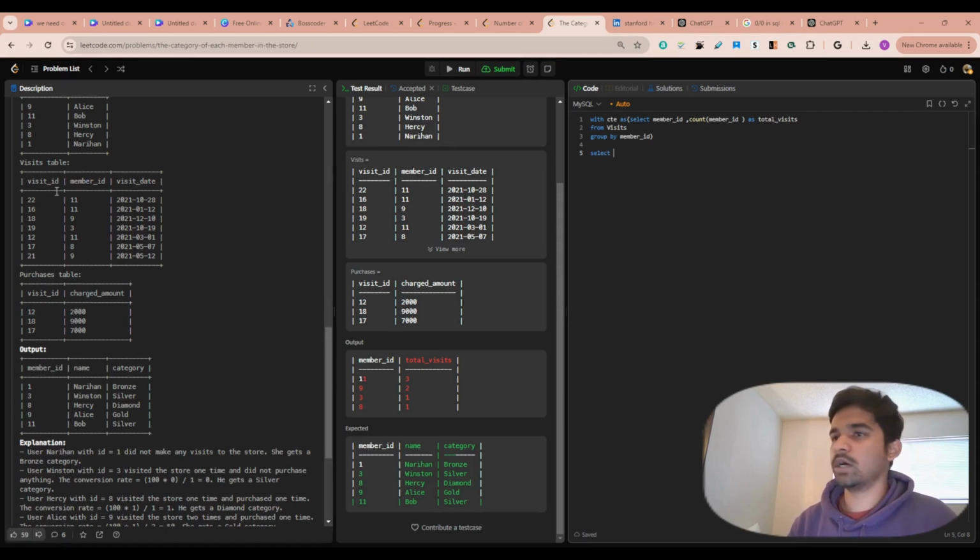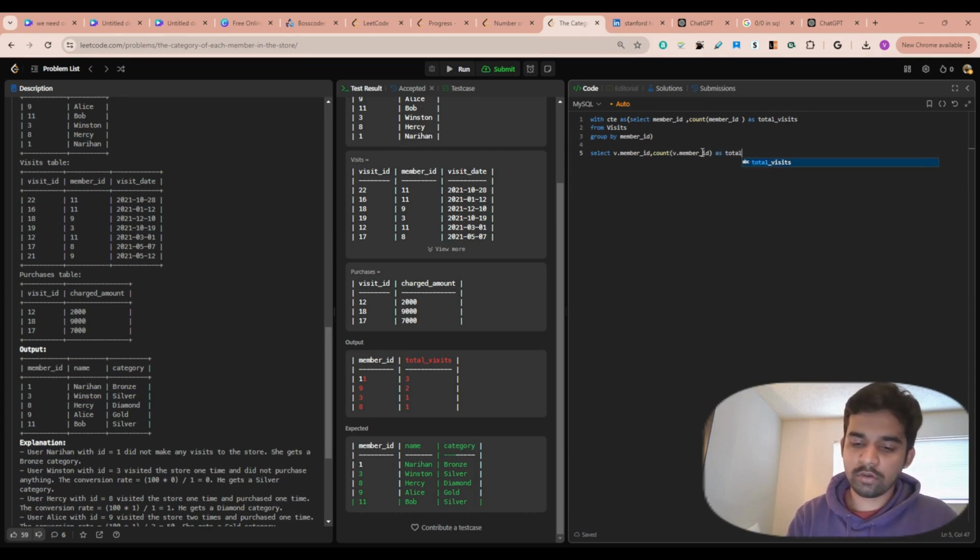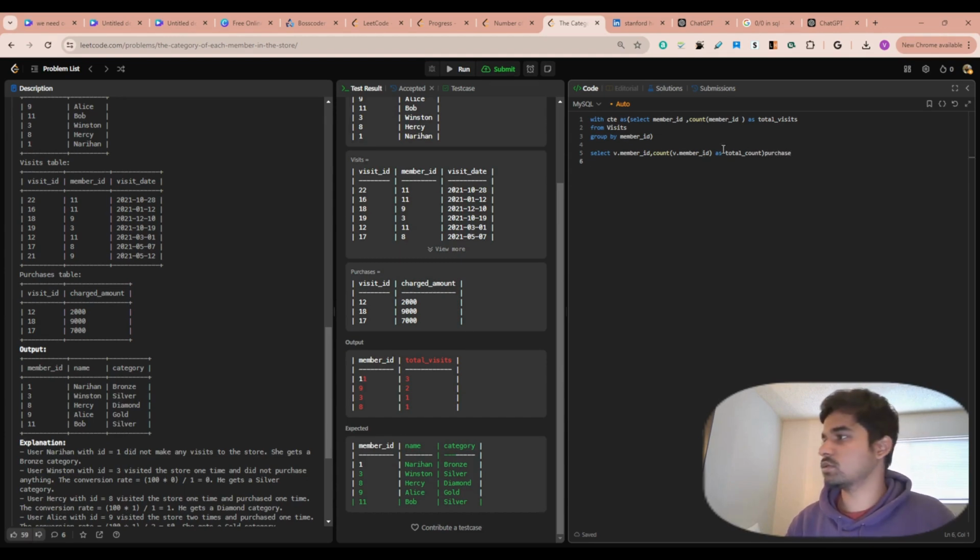I would be needing only the member ID, so the alias for the visits table is V. Yes, I directly need the count of purchase.